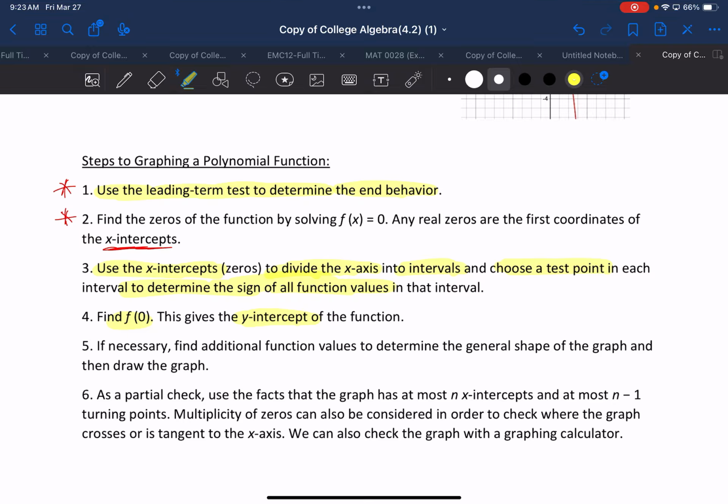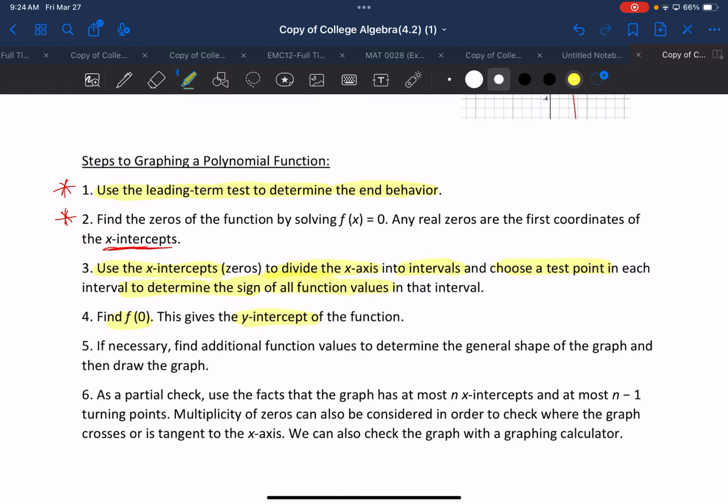So that's another point you can use for your process of elimination, to look on the y-axis and find the y-intercept, just in case they give you ones that are very similar. Number 5, if necessary, find additional function values. So remember, you can always plug any value in for x and find a point, and then compare it with other points on the graph that they give you.